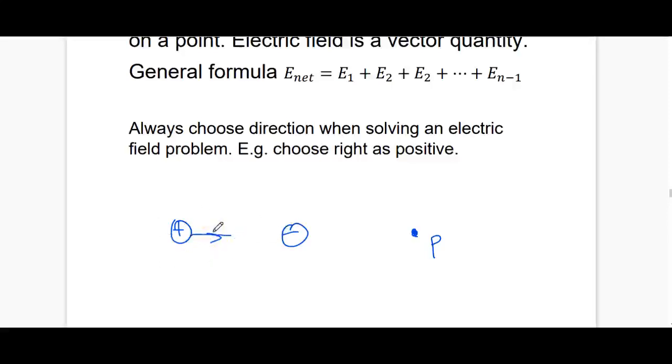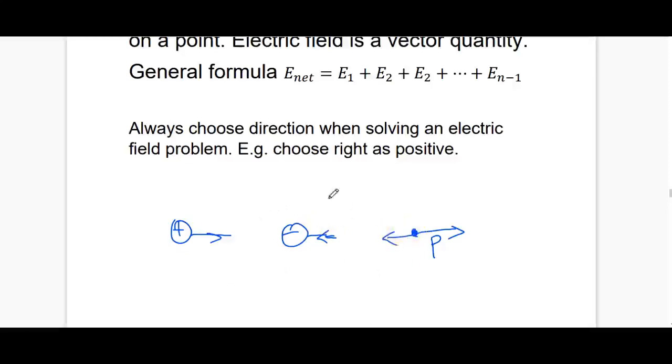Meaning the electric field that I'm going to feel at point P is going to be towards the right. Now this one, I know that it is negative, and with respect to P, the field lines will go inwards. Okay, so it will go towards the left.